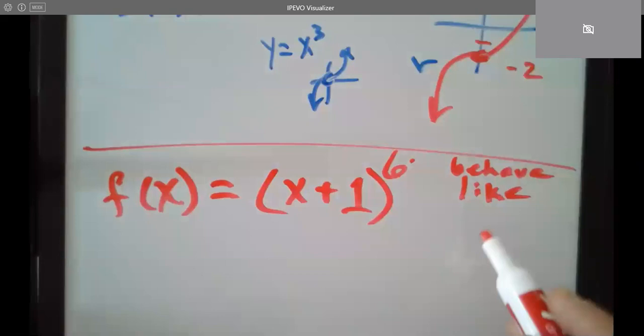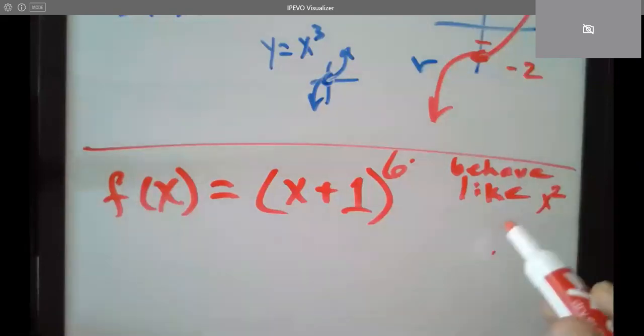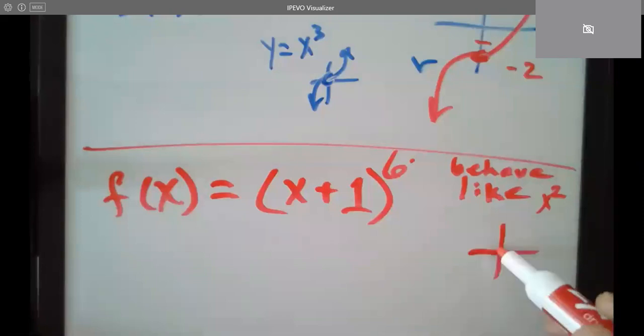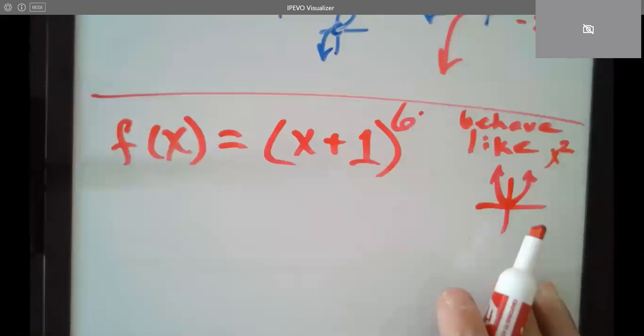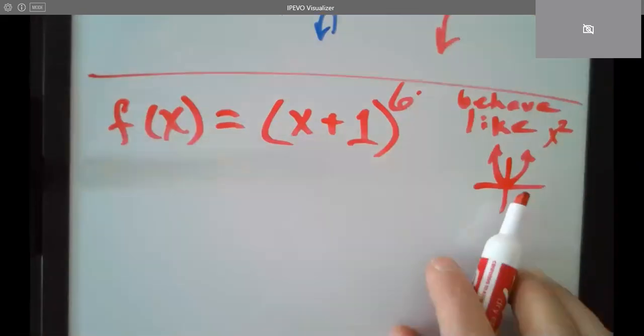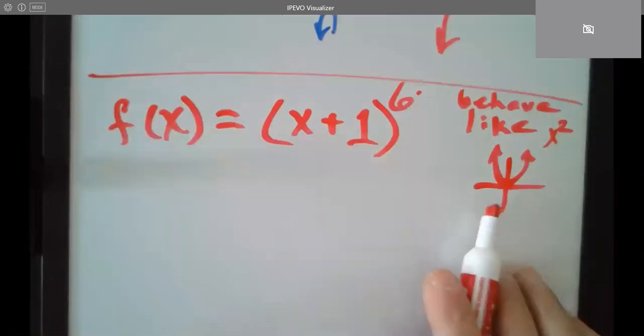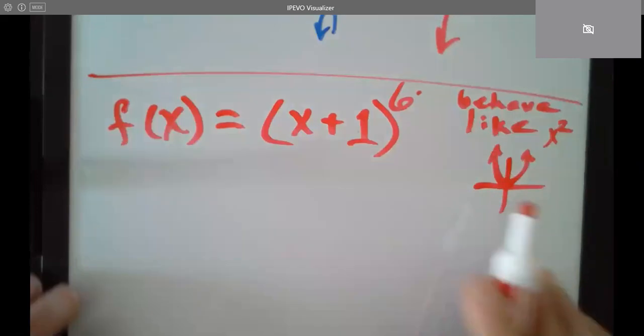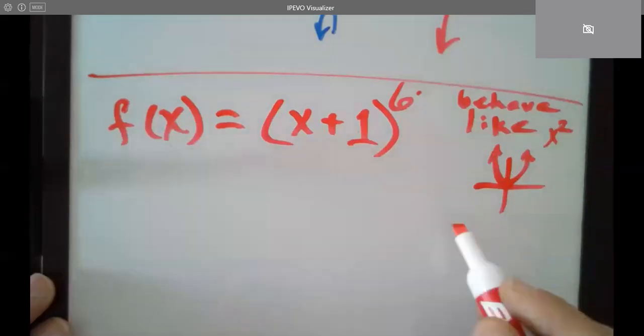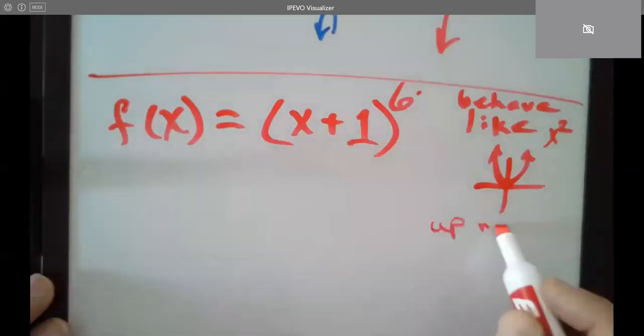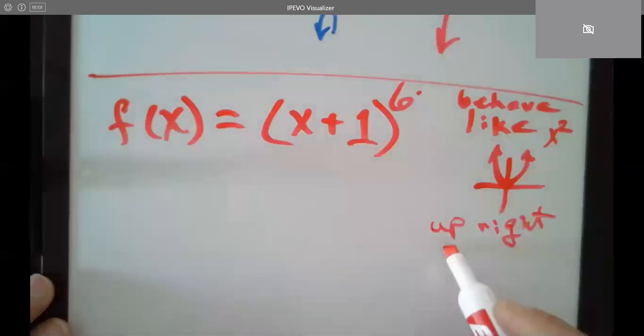So it behaves like x squared. That's what we call the parent graph, right? For x squared. So it's going to look like this. So that means the end behavior is going to be up, right, and up, left.